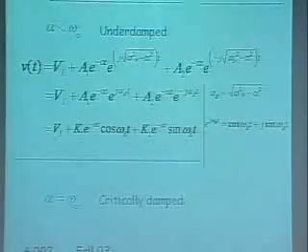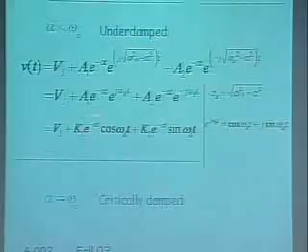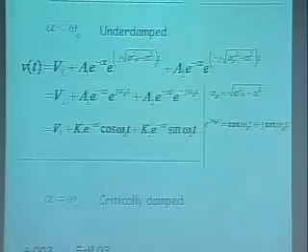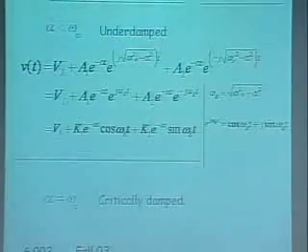Remember, the sines and cosines are coming out, but because of my R, I'm getting this e to the minus alpha here. So I'm getting sums of sines and cosines, and k1 and k2 are some constants which I will need to determine from my initial conditions.